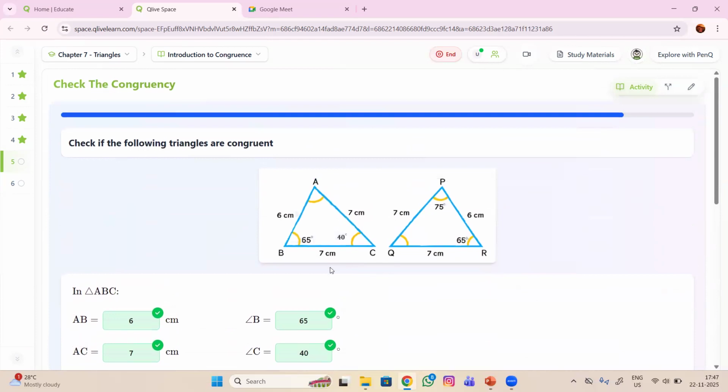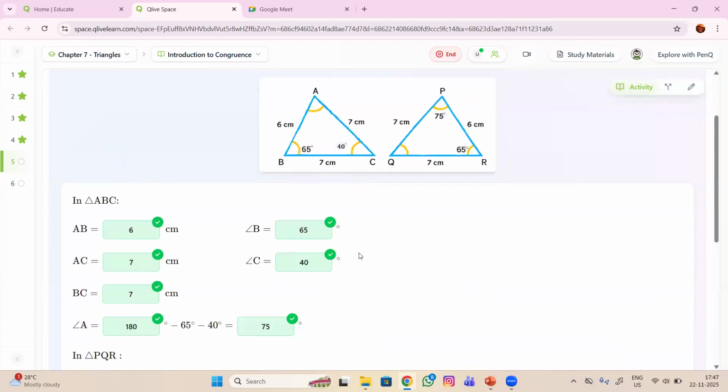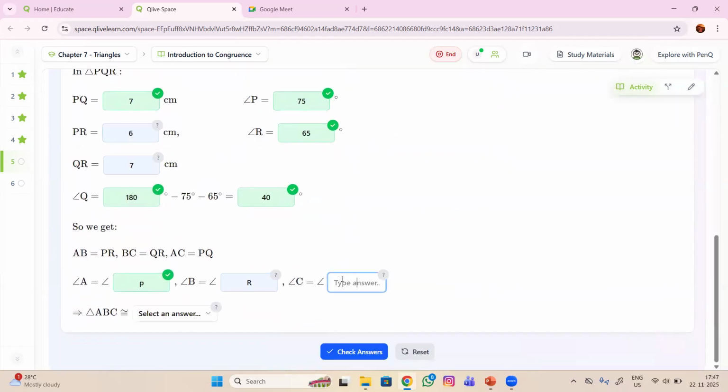Angle C is equal to angle Q. So we can say that triangle ABC is congruent to triangle PQR. Here is the answer.